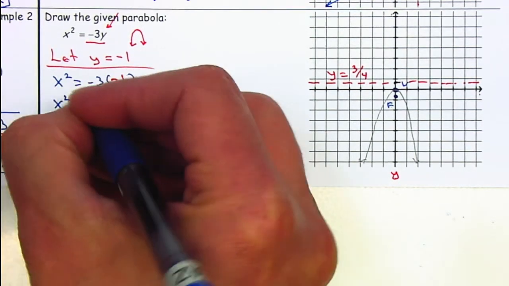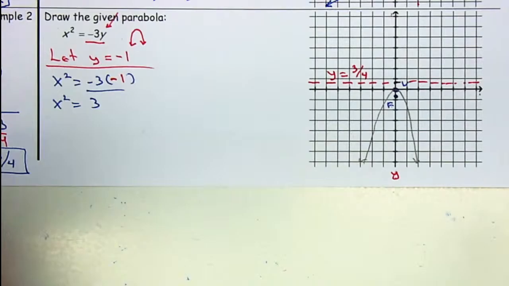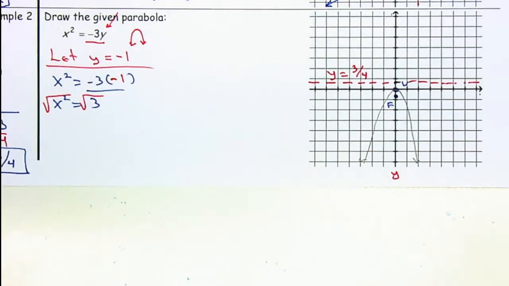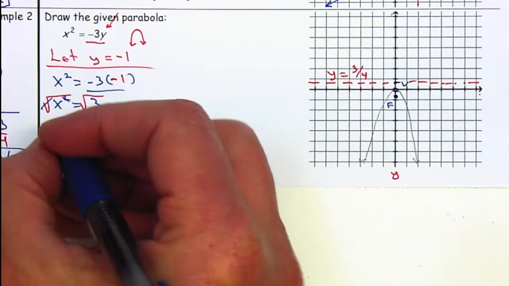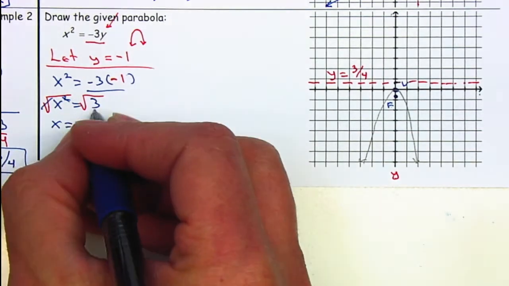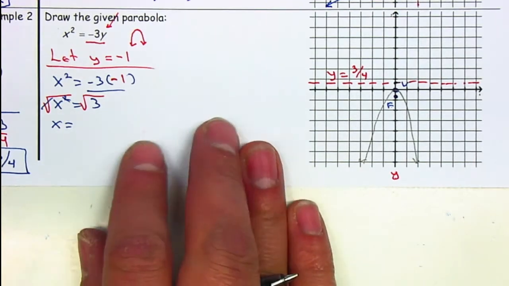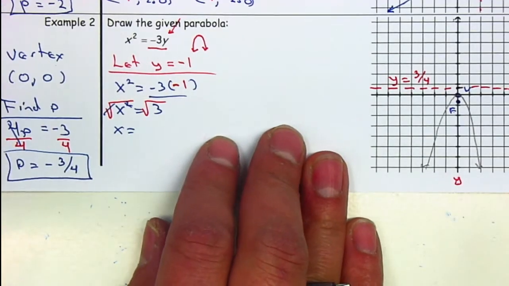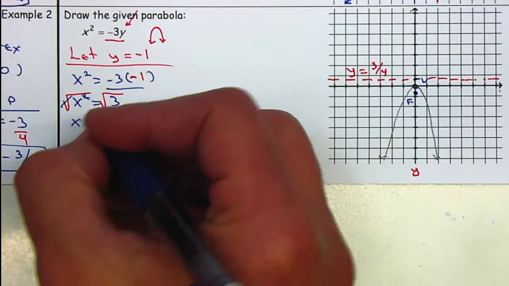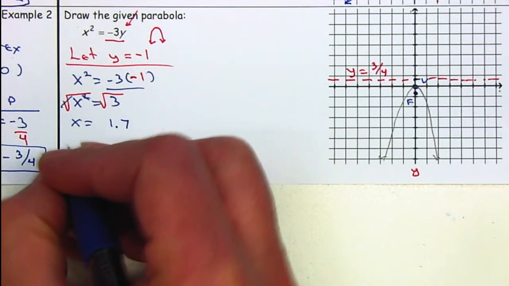That will give me x squared is equal to negative 3, but instead of the y it will be a negative 1. X squared is equal to positive 3. And then I'm going to take the square root on both sides. The square root and the square cancel, so x is equal to square root of 3. We know the square root of 3 is between the square root of 1 and the square root of 4, and it's approximately 1.7.